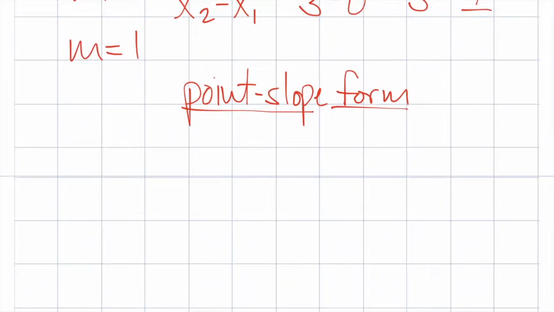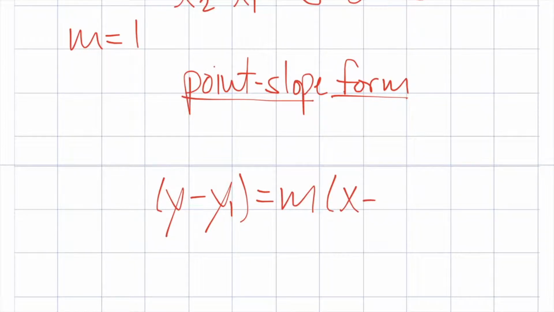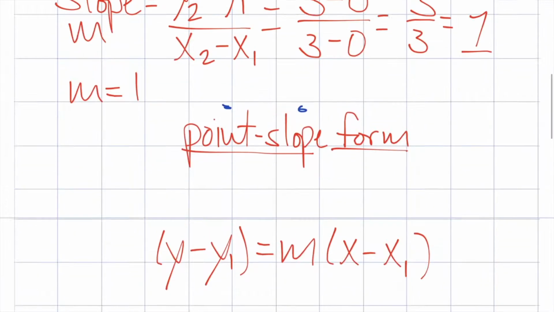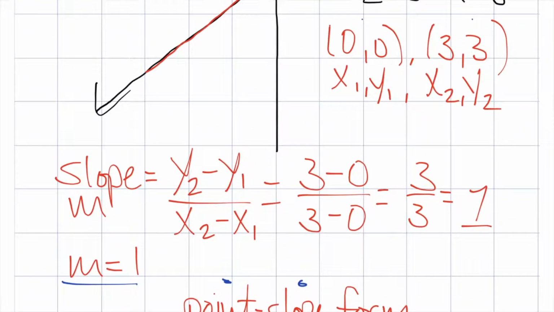And that was, I'll write it over here. y minus y1 equals m times x minus x1. Okay, and in this case we needed a point and a slope. Well, we have our slope right here. We have 2 points to pick from, 0, 0 or 3, 3. So we have everything we need to use this formula here.